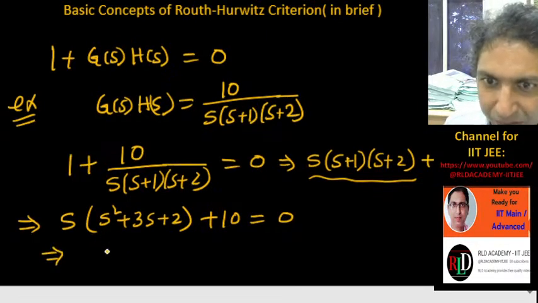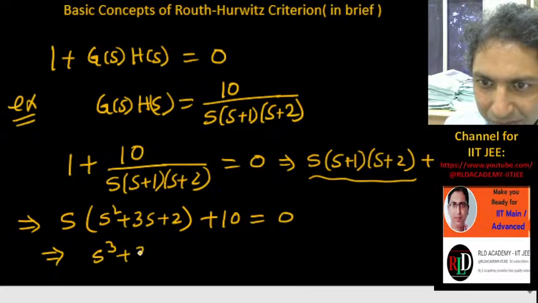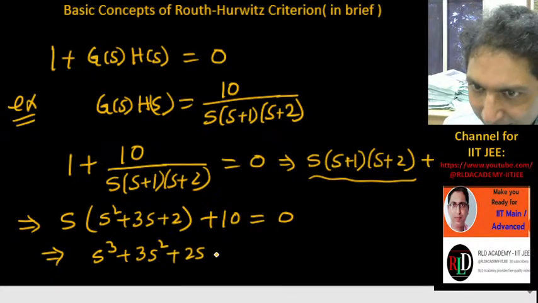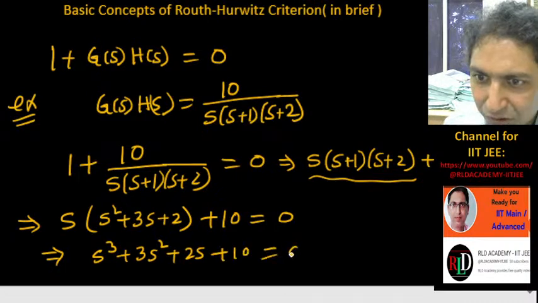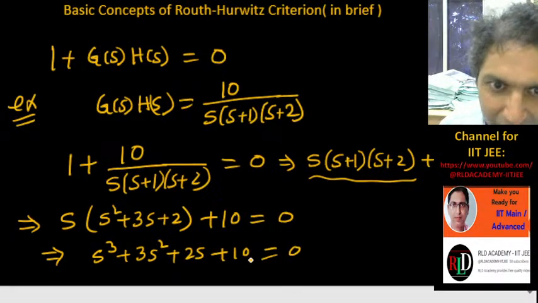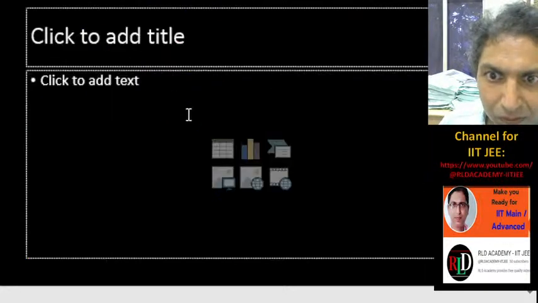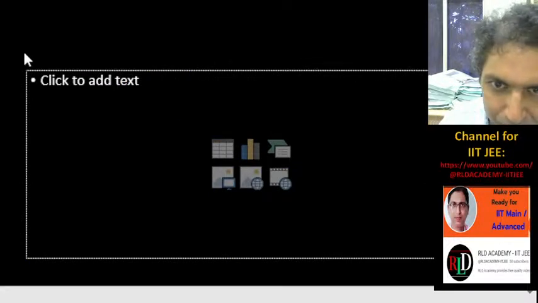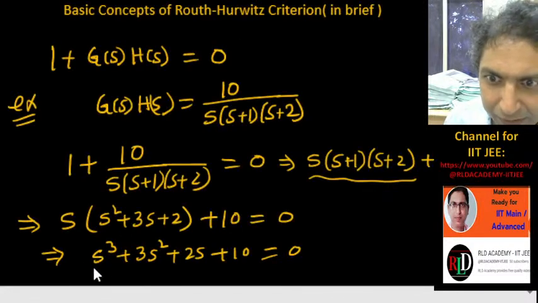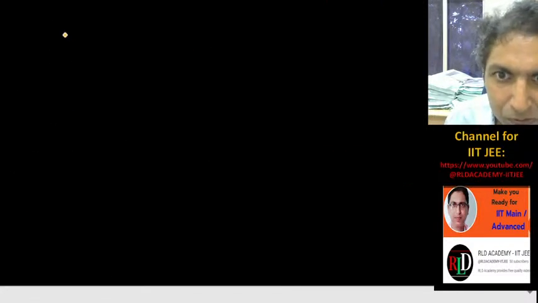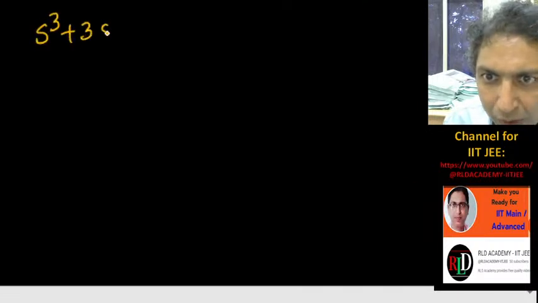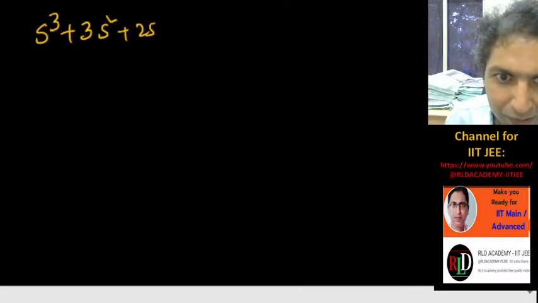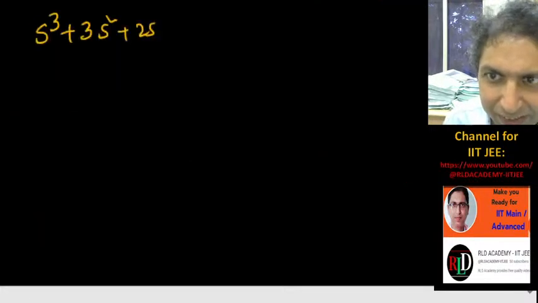So here you will see that it is S cube plus 3S square plus 2S plus 10, that is equal to 0. So this is your characteristic equation. We have got S cube plus 3S square plus 2S, and then plus 10 equals 0.